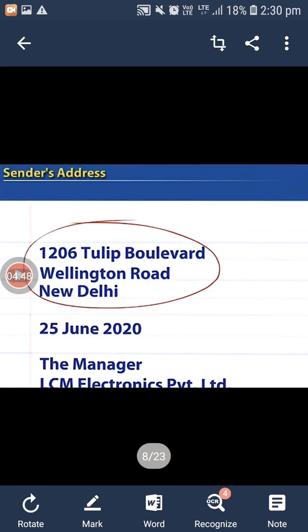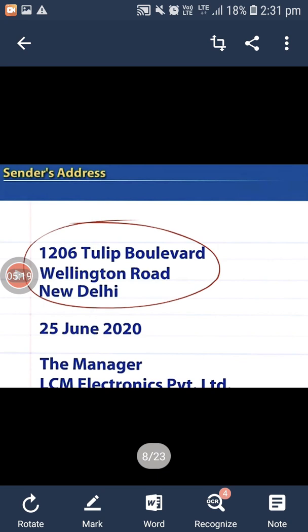Now, firstly, in the format, we will write the sender's address. As you can see in the sample paper, I have marked it. It should not be too lengthy, but in 2 to 3 lines mentioning the street number, road name or the building number and the city name.